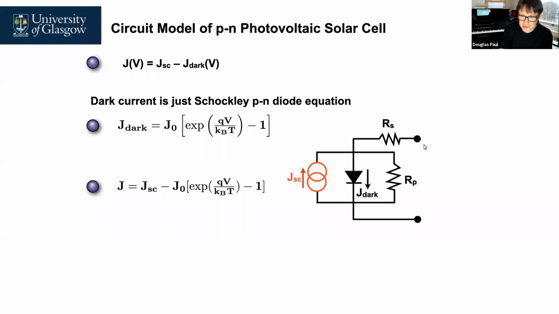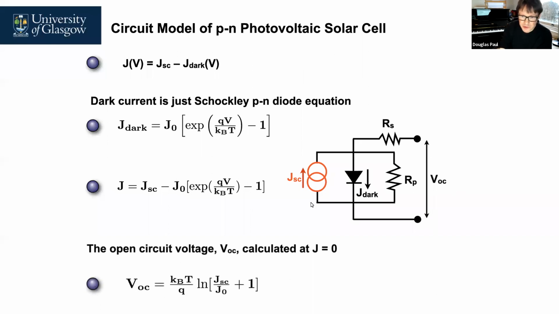If I want to find the open circuit voltage, then using this equivalent circuit, I just put in J equals 0 into here. It means I end up with JSC minus this, so I can turn this part over here. I've got the exponential of QV over kBT, minus 1, equals JSC over J naught.